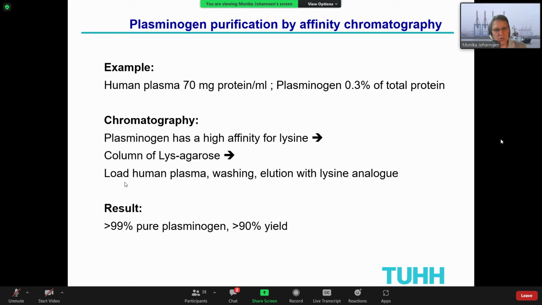We can load the protein mixture, wash, and do the elution with a lysine analog. As a result, in one step we have a purity of this plasminogen of higher than 99%, and the yield is also very high, more than 90%.